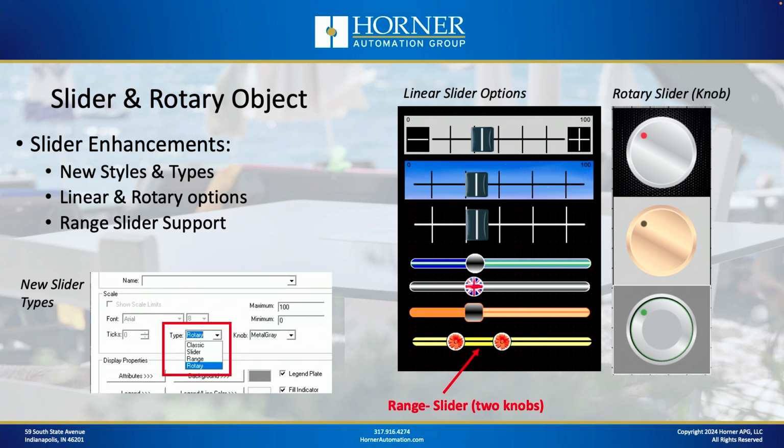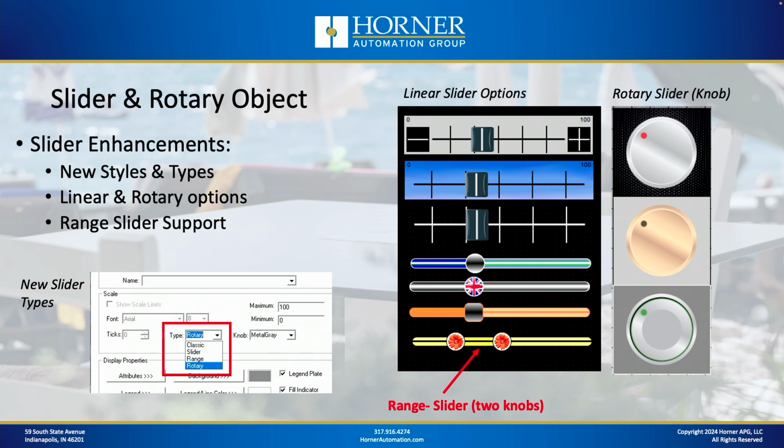But now you also have the ability to incorporate a rotary slider or a knob into your project. And the Canvas Advanced Graphics also supports the gesture that's required for turning a knob clockwise or turning a knob counterclockwise. So again, not just linear sliders are available. Now you've got also rotary sliders, or the equivalent of a rotary slider, which is a knob.